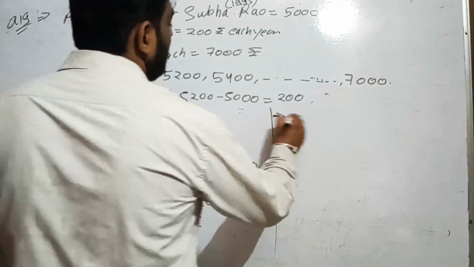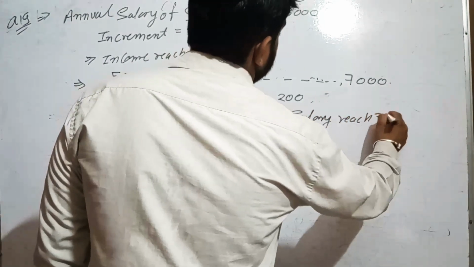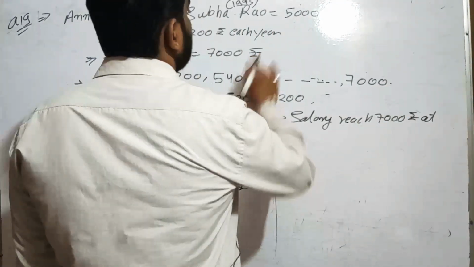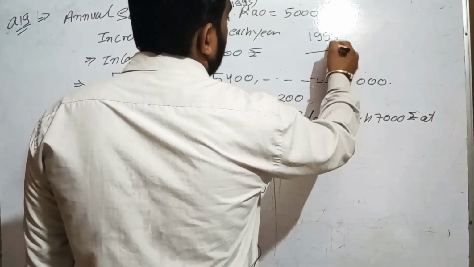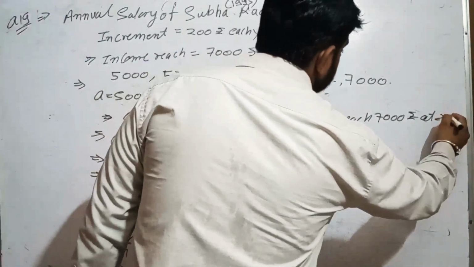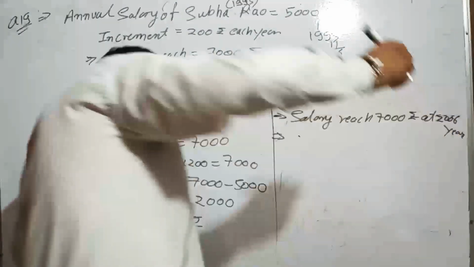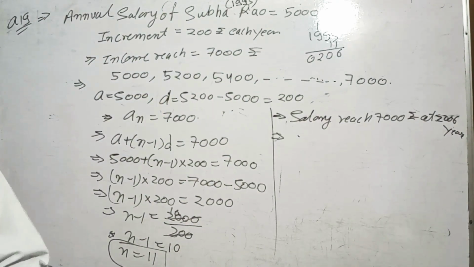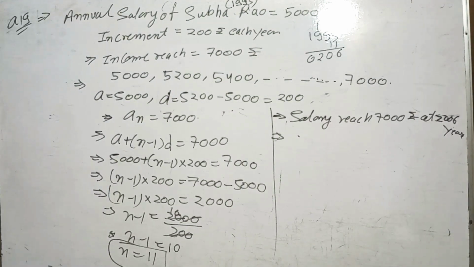So it means the salary reached 7,000 rupees at 1995 plus 11, which is 2006. In the year 2006, he received a salary of 7,000 rupees, students. So we are done with that.